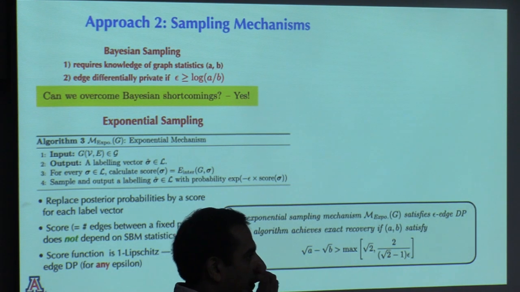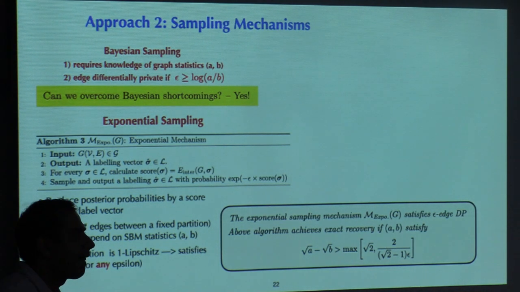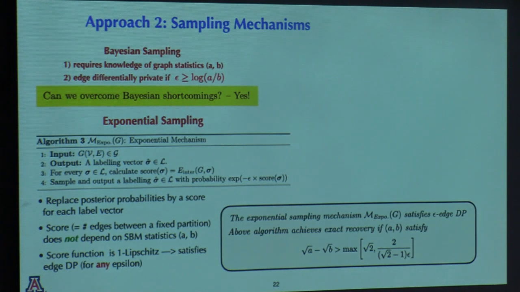So it's critical that your underlying set L has to include all binary vectors. You can't just restrict yourself to balanced ones, because anyways you know that there are n by 2. Why would you output a clustering which does not satisfy that?